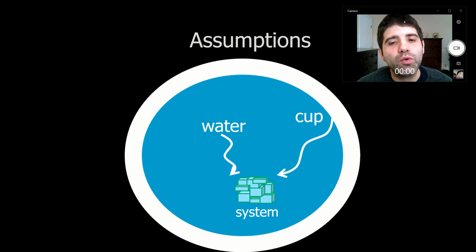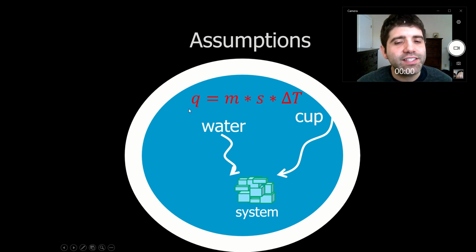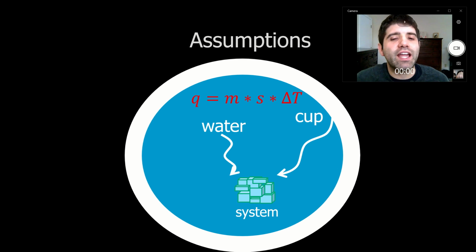We can use an equation to calculate the heat that the water and the cup are going to lose. So this is calculated, heat is Q, by taking the mass, multiplying it by the specific heat, which is a constant, and then multiplying it by the change in temperature, which we can get from the LabQuest. So here are some sample values that are going to show you the sequence of the calculations.